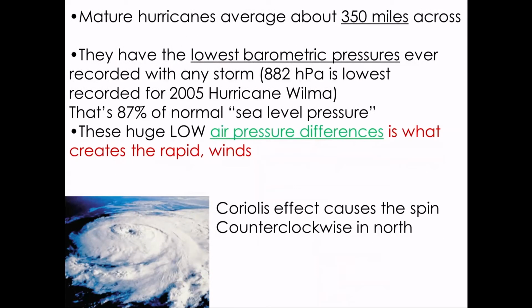Now, hurricanes are big. Some of them can be up to 350 miles across. And like I said, they're a low pressure system. So the lowest ever pressure recorded with a hurricane is 882 hectopascals. Compare that to an average sea level pressure of about 1,100 hectopascals. So that's about 87% of normal air pressure.